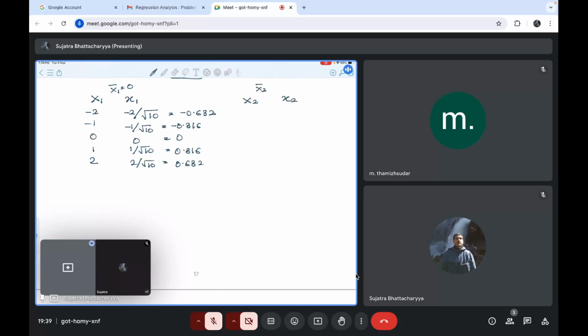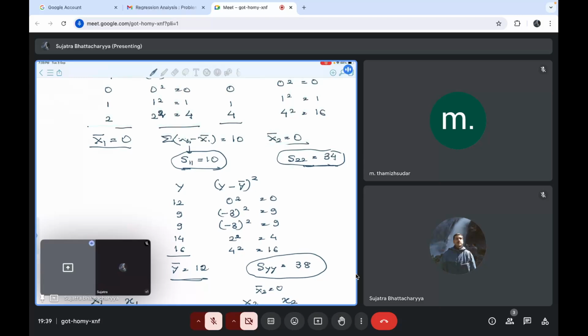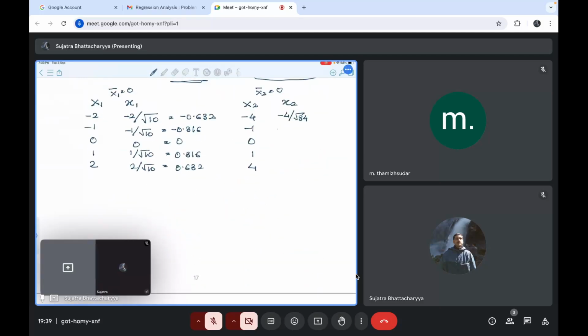Let's go ahead for small x2. x2 bar is also 0. So what was x2? Minus 4, minus 1, 0, 1, 4. So this will be minus 4 by root 34, minus 1 by root 34, 0 will always be 0, 1 by root 34, and 4 by root 34.